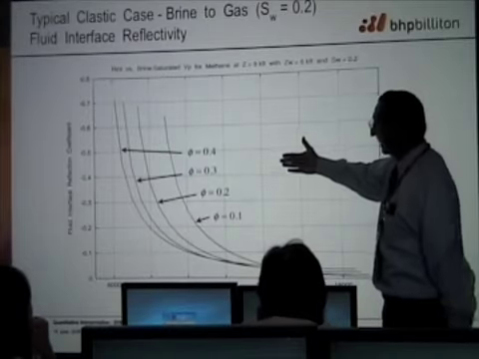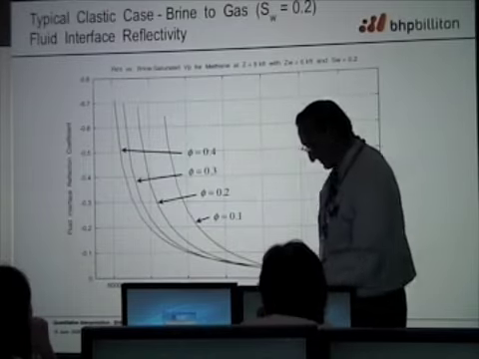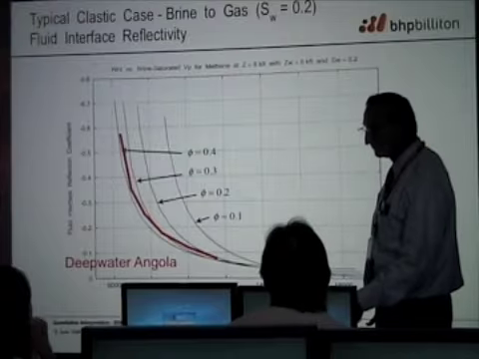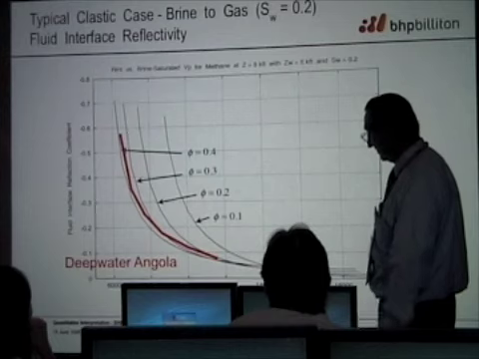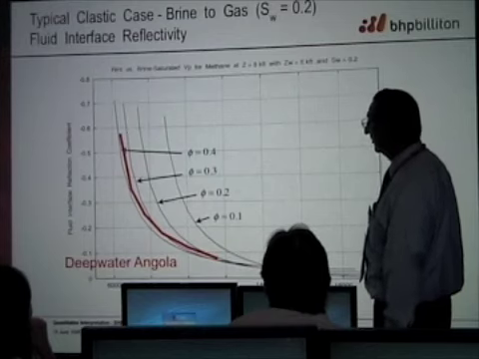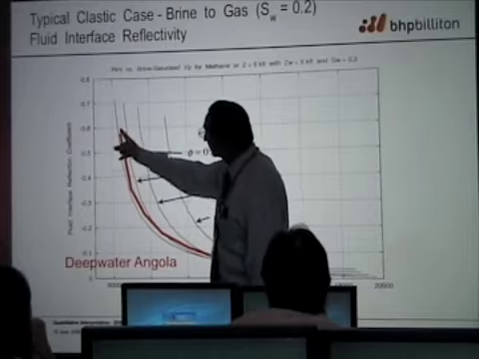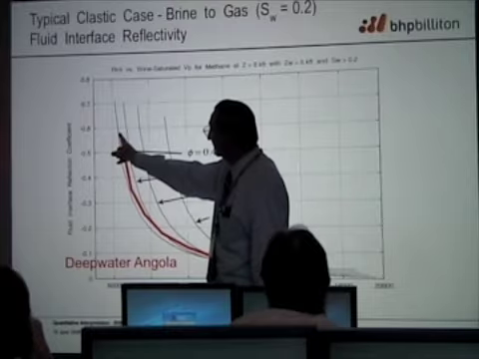And this is it. And again, these are our different porosity curves. And there's Angola. Deep water Angola. Now, which way does this go? Low velocity, low VP is low beta. That's this end. This is 2,000 feet depth.